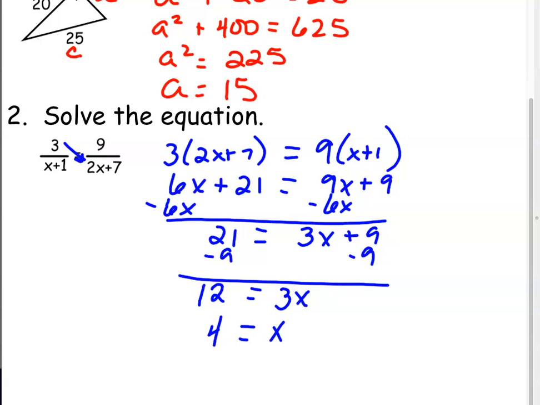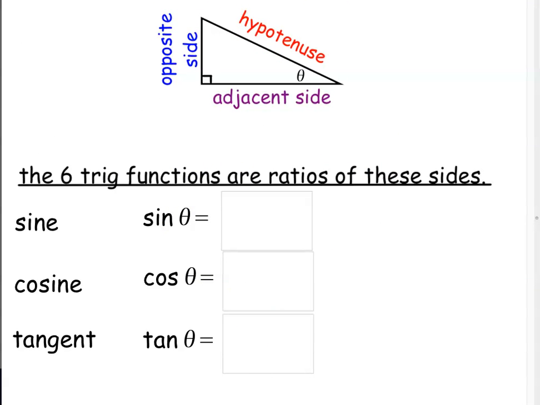Yes? All right. So, right triangle trig. We have sides that we have labeled opposite, adjacent, and hypotenuse. We've talked already about the hypotenuse being that one that's opposite our right angle. But the other two sides can flip-flop depending on which angle you're working with. So if this is the angle that we're going to focus on, that symbol is theta, all right?